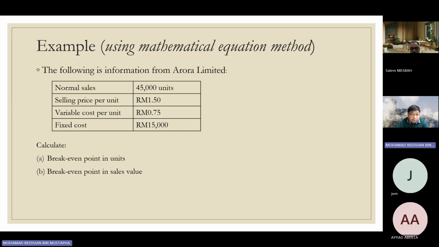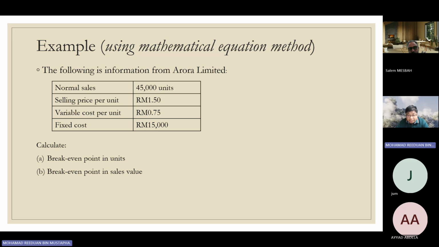Okay, so if you want to solve this problem, part A, we need to calculate the selling price. The formula is selling price minus variable cost, then you get the contribution margin per unit.